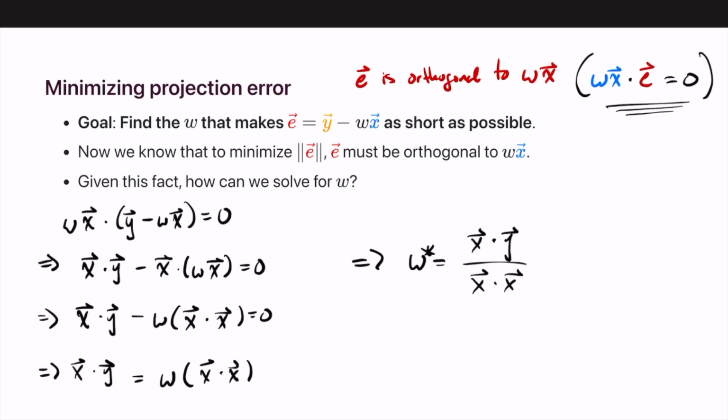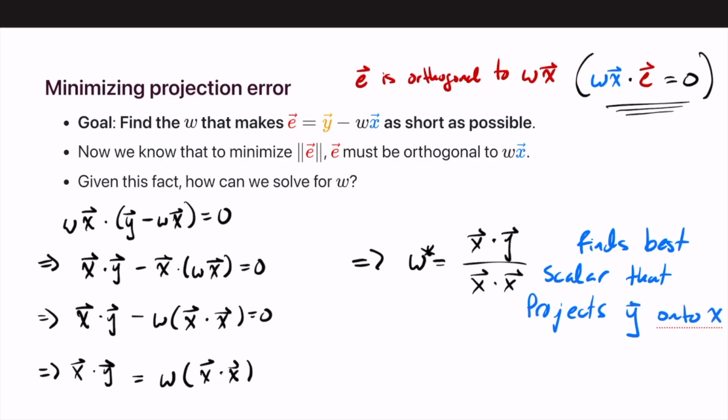So what does this mean exactly? Like what's going on here? What this is doing is it effectively, I'll write it down too, finds the best scalar that projects y onto x.